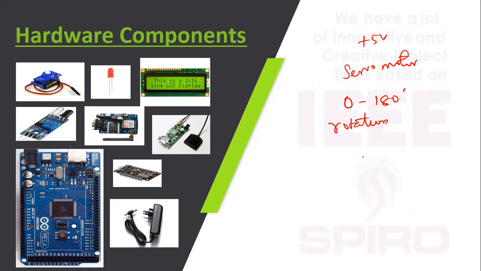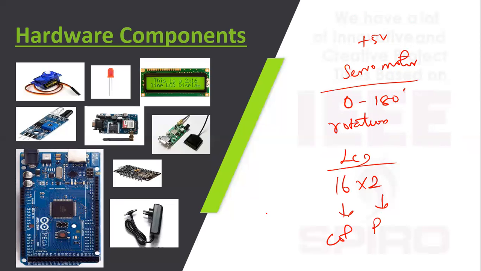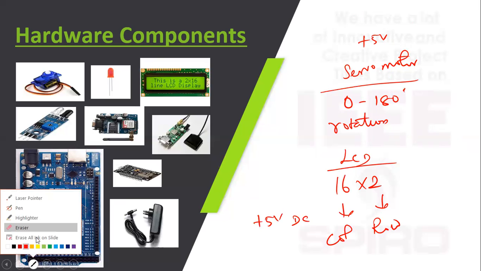And then the LCD, we are using a 16 cross 2 LCD. This one is the column, this one is the row. The operating voltage is plus 5 volt DC. Next one is GPS.